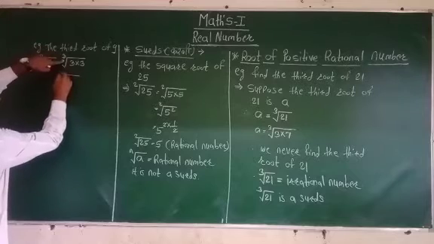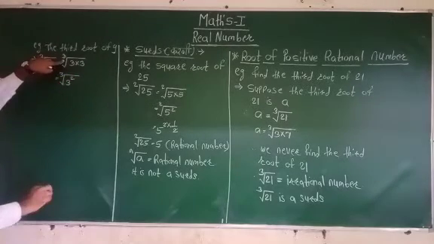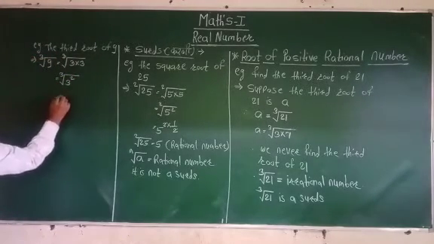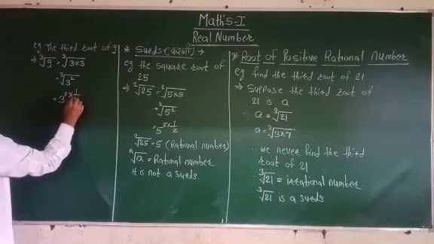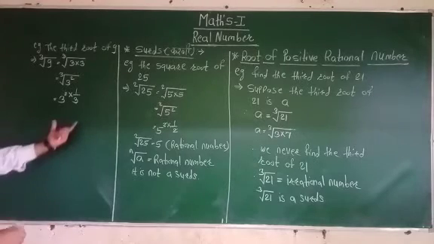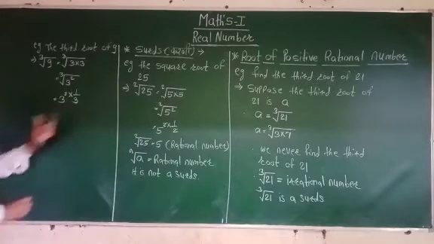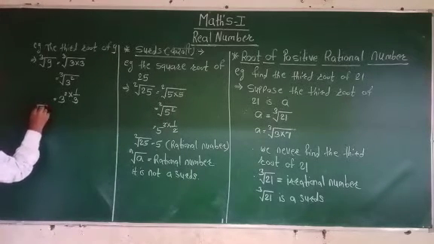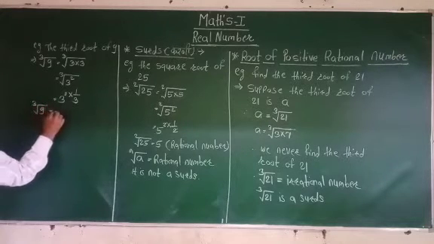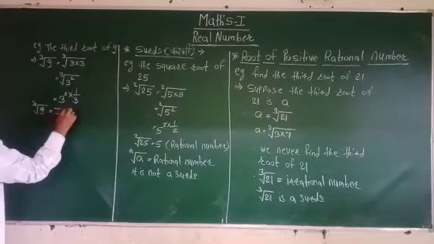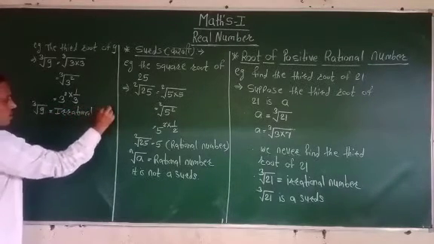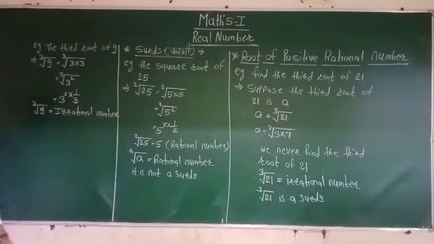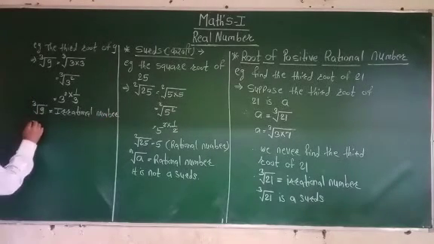Then we write it in indices form: 3 raised to 2, with the radical power 1 by 3, and we cannot find out its value. So the third root of 9 is an irrational number.